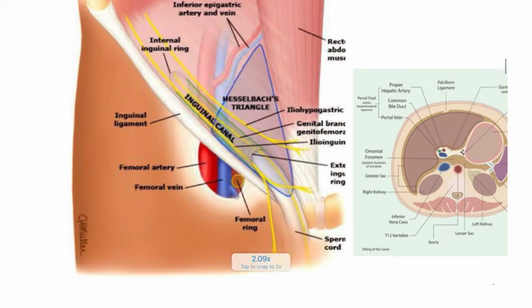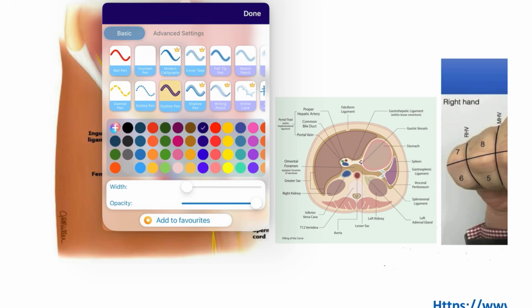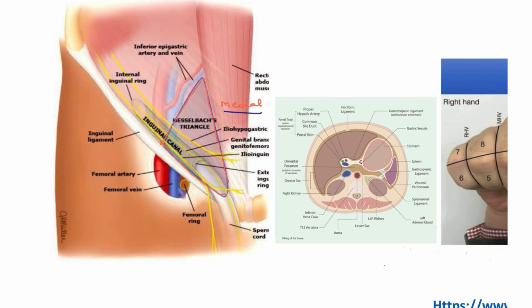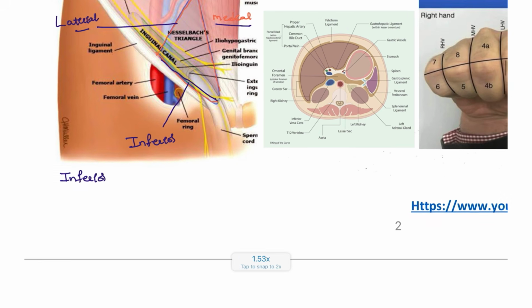Next, moving on to Hesselbach's triangle. This is also most commonly asked. Here you can see the Hesselbach's triangle. Again, make sure this is the medial side and this is the lateral side, and this is the inferior. Let's see the boundaries. Look at the picture.